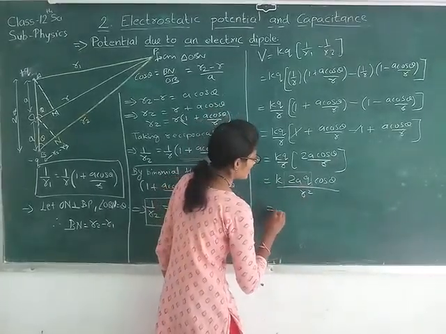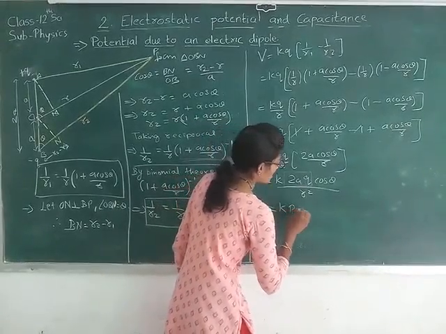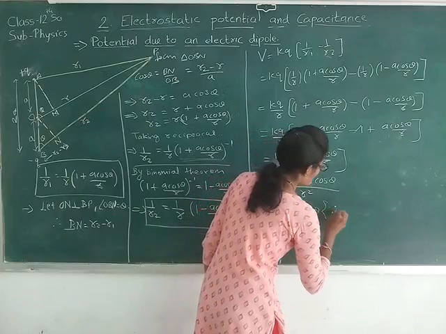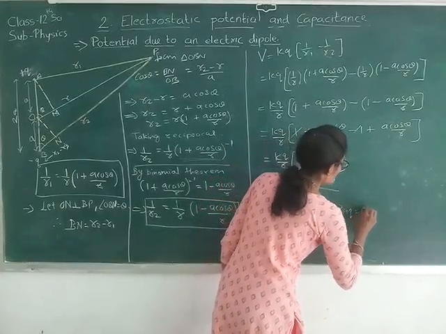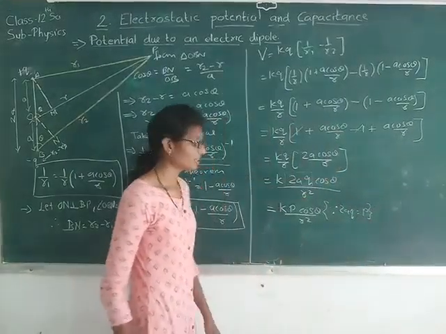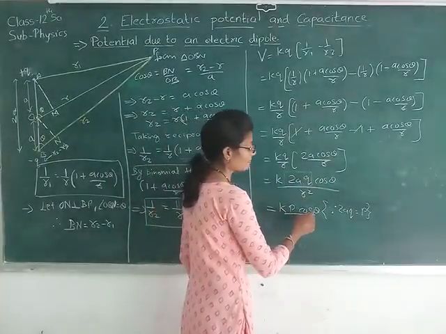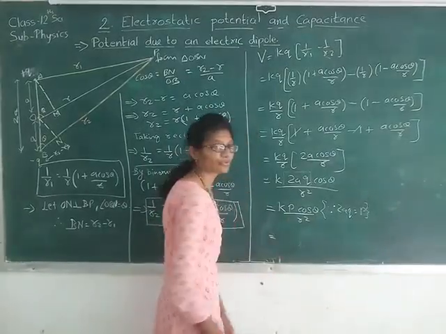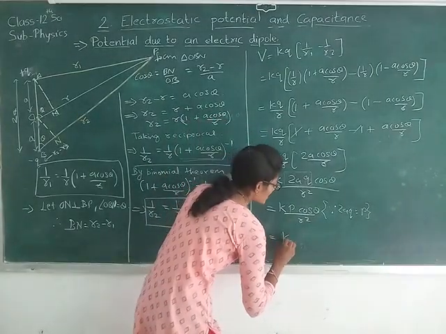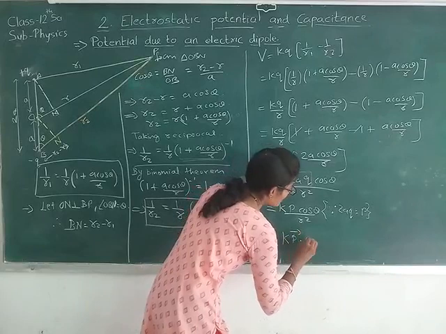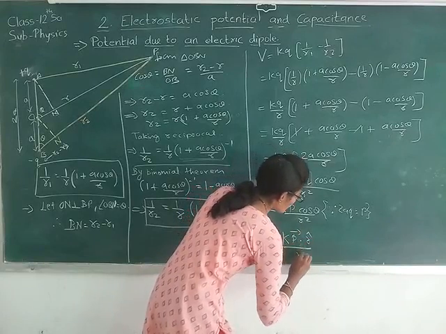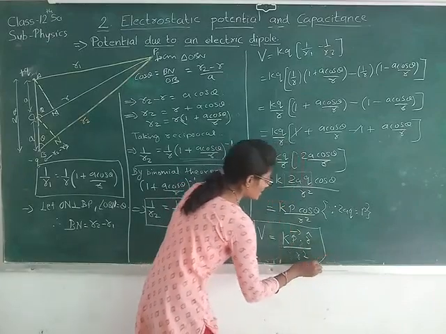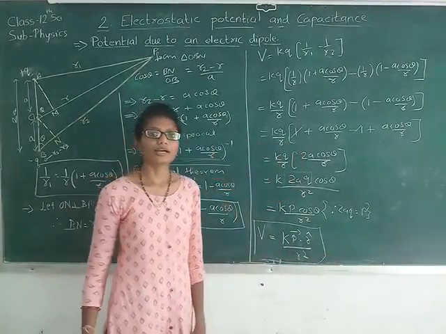So instead of that, can I write P cos theta by R square, because 2AQ is equals to P. Now here we are having K P cos theta by R square. So writing that in the form of dot product, I can write K P vector dot R cap upon R square. So this is the potential at point P due to the electric dipole.